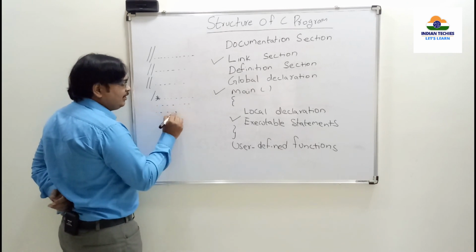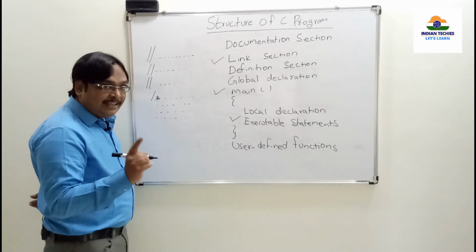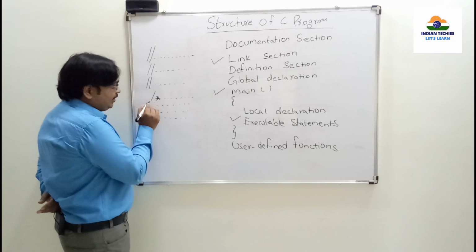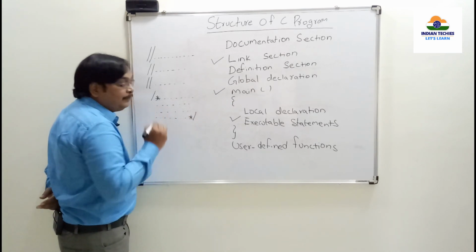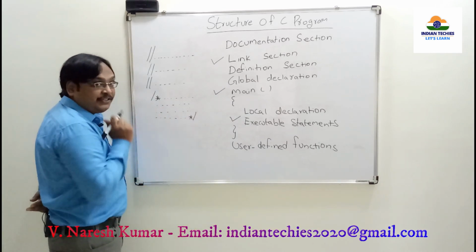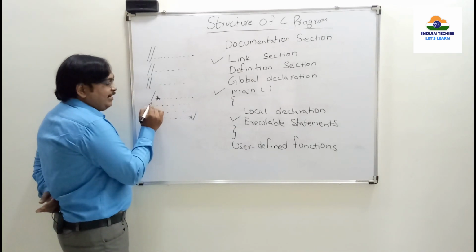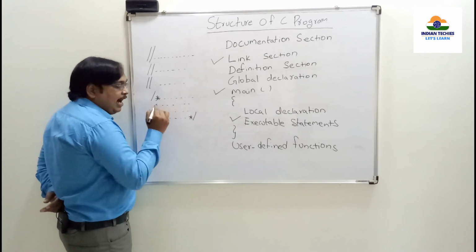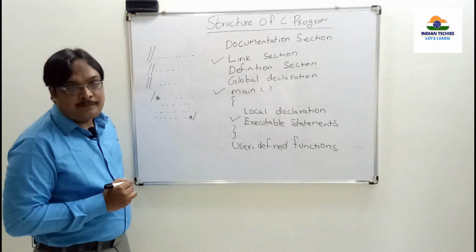There is no restriction. But the only condition is, whenever you write multiple comment lines starting with slash star, you must end with star slash. Slash star, its reverse is star slash. Whenever the compiler identifies slash star, it starts skipping the lines until it finds star slash in reverse order.